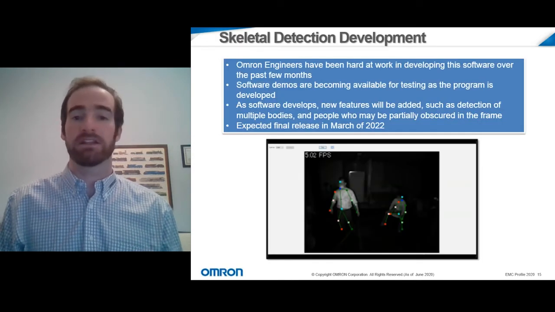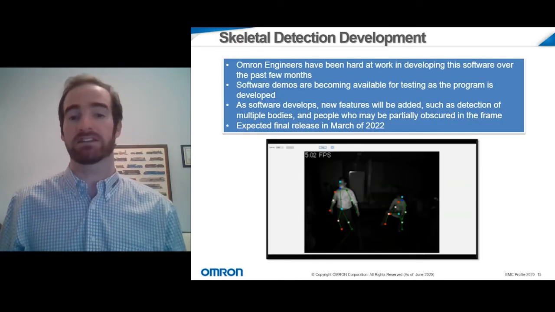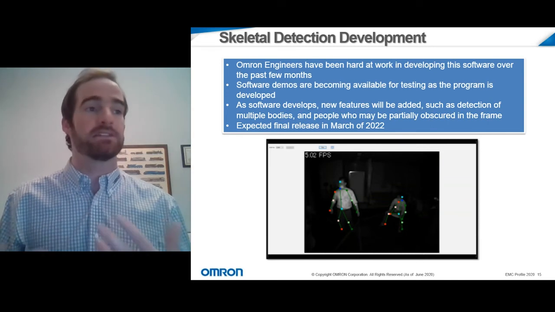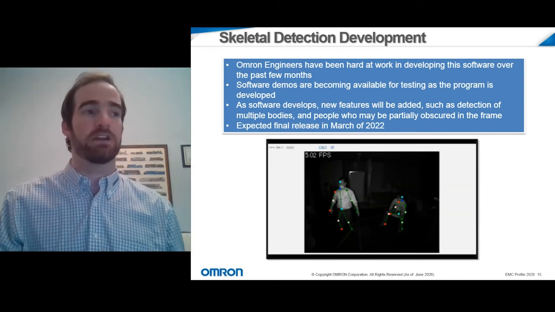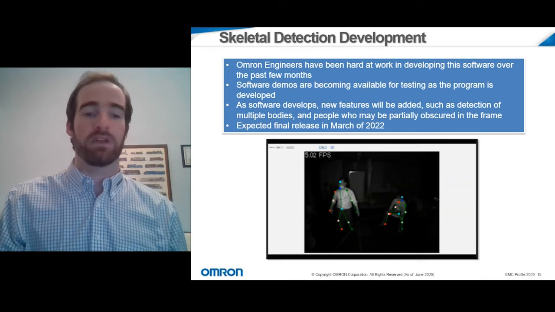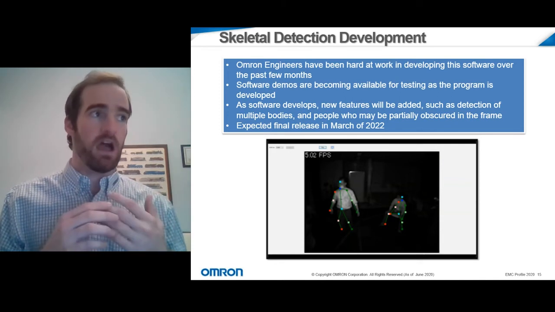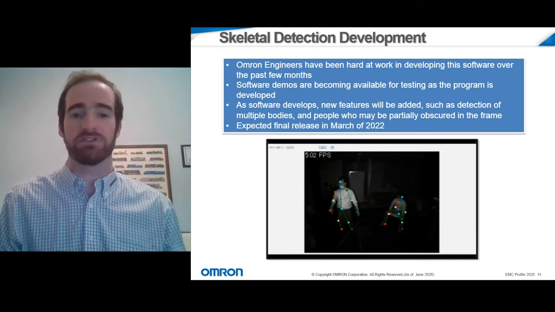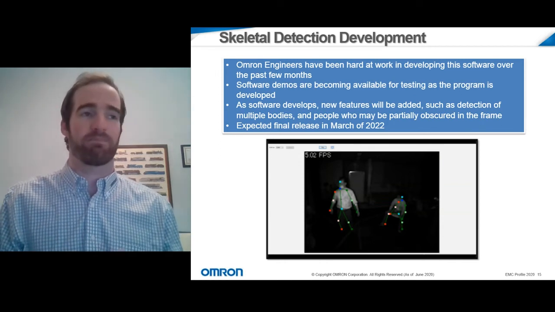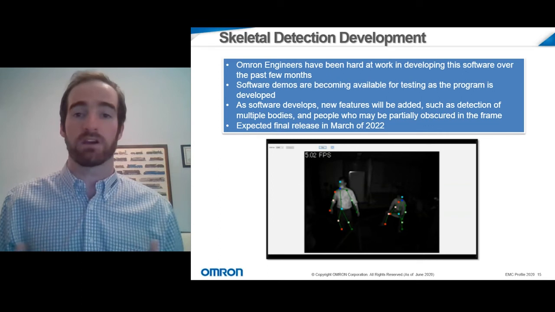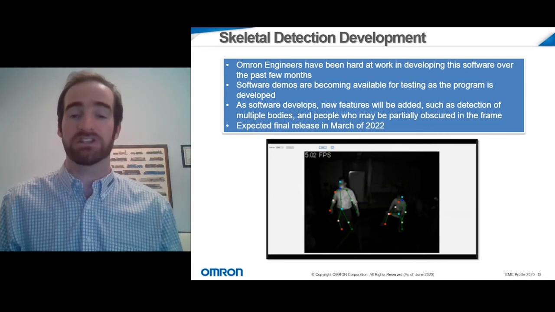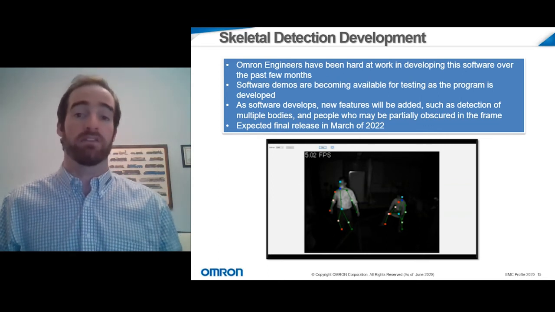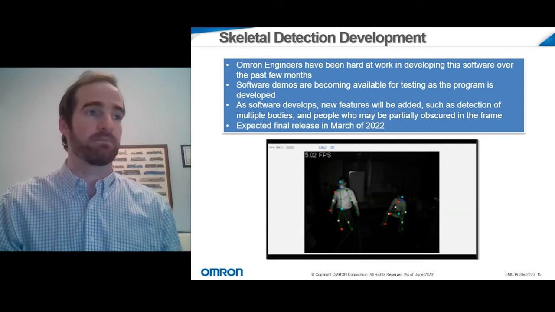Our sensor's ability to even read and distinguish the skeletal movements as they're behind different objects or partially obscured is something that we have been incredibly proud of and very thankful that we have been able to develop this side of the product well. And we are continuing to work on this and release new demo versions of the software that are available for people to test out.